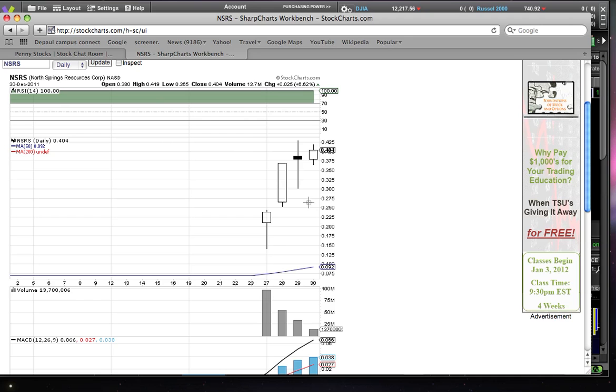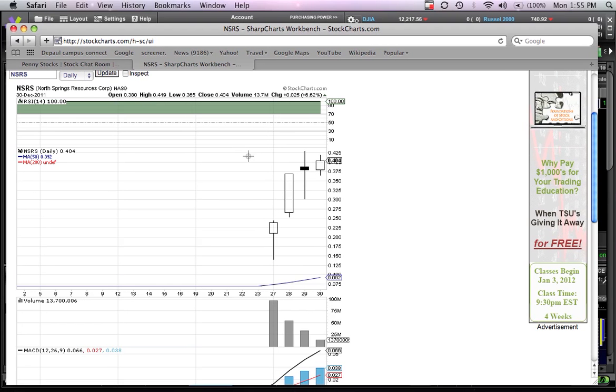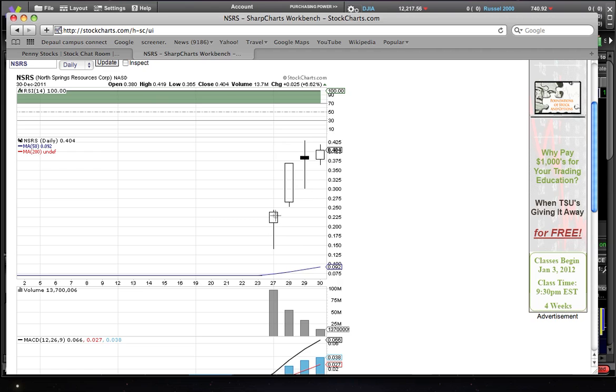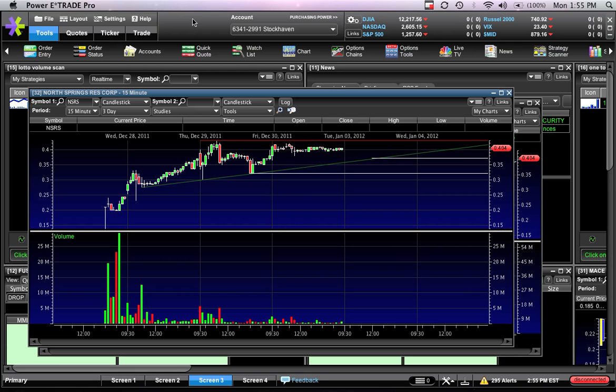Now, on the downside, though, you can see that the low for Friday was 36.5. So a lot of people don't want to see it go below that low. Why? Because it's never gone below the previous day's low.